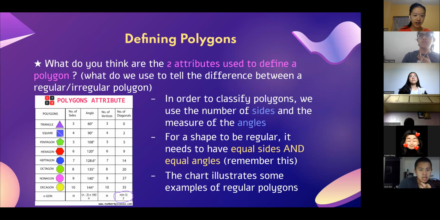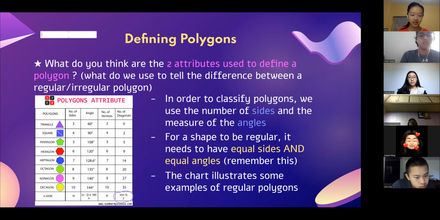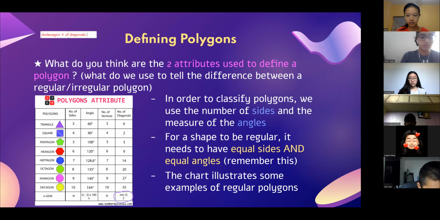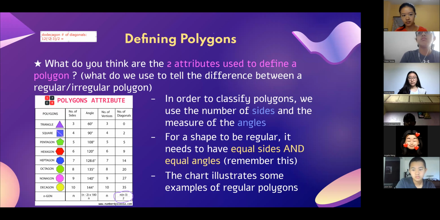So for a dodecagon, how many diagonals would it have? Remember, dodecagon is 12 sides. Yeah, I see some answers in the chat.